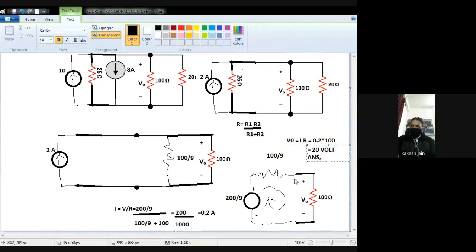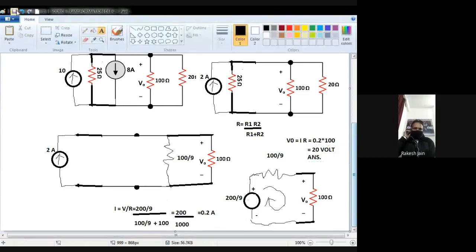Okay, so one time type okay sir in the message box and send me a snapshot if you understand the whole technique. Whatever I taught you in the source transformation technique, we just solved a single numerical today to understand how to use source transformation.